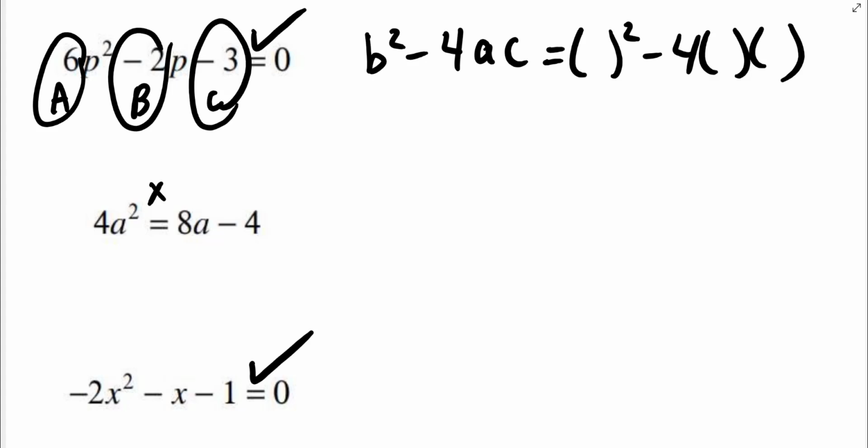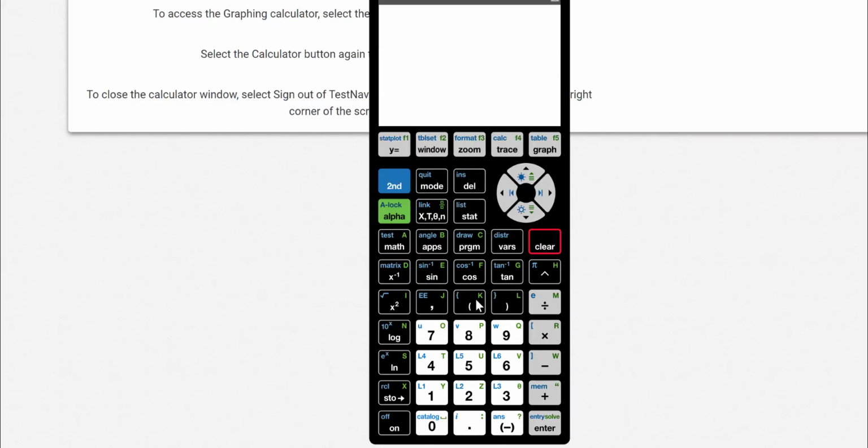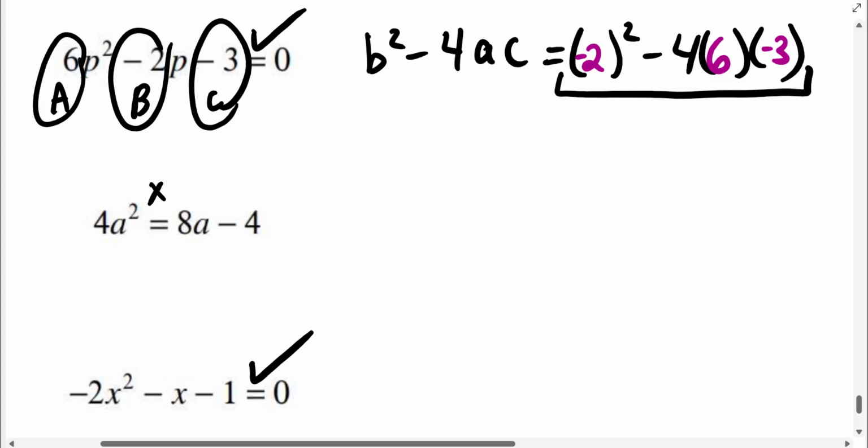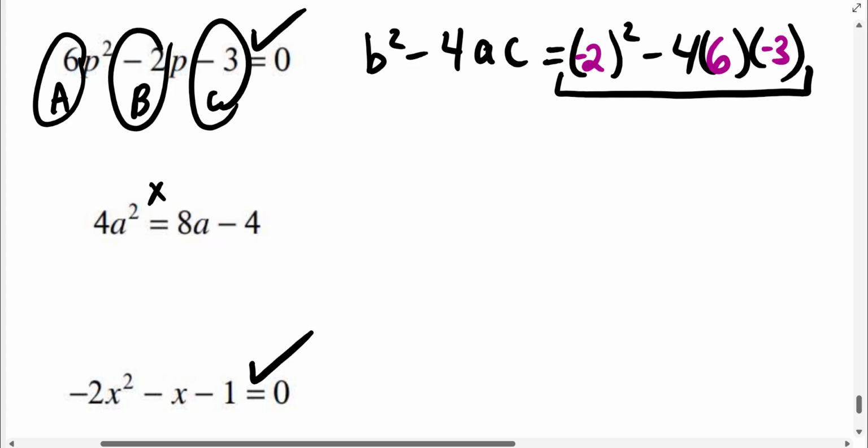So b is negative 2, a is 6, and c is negative 3. You're going to type all of that into the TI-84 calculator. So you're going to put parentheses, negative 2 squared minus 4 parentheses, and then 6 and negative 3. Enter. So the answer is positive 76.